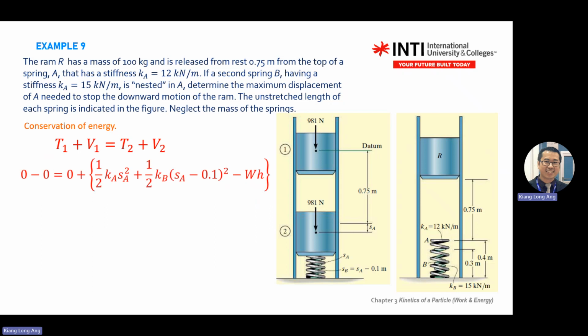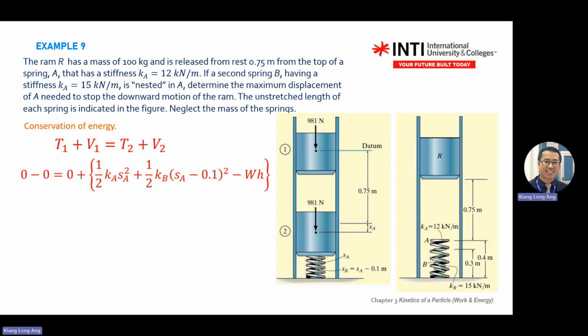Next is just substitute. Before, all is zero. Before, kinetic zero, doesn't move. Why is potential now zero? Body at the datum. Is that a typo error, or can I write positive here?